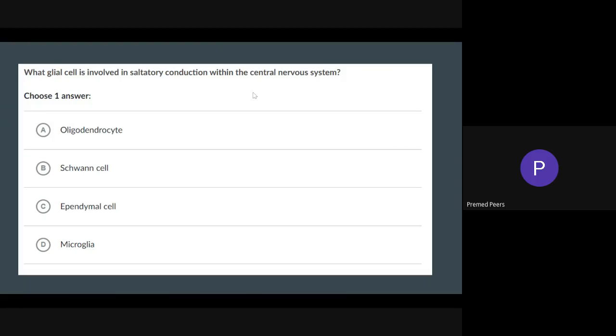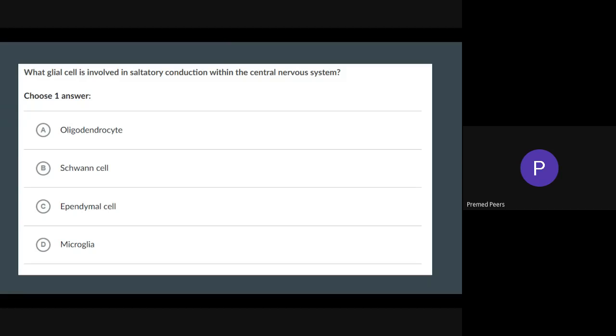So this is sort of related to the concept of myelin. What glial cell is involved in saltatory conduction within the central nervous system? So saltatory conduction is what we were talking about earlier about the myelin sheaths. That fast conduction of a signal across the axon is called saltatory conduction. It's where the signal is jumping between these nodes of Ranvier, as they're called.